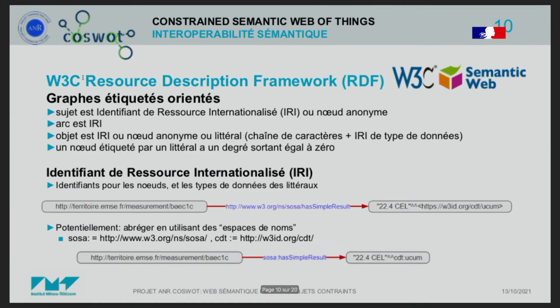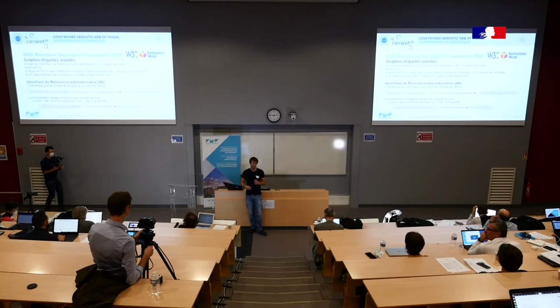In the W3C, we use a standard called the Resource Description Framework, or RDF, where the data model that we use is oriented labeled graphs. We use IRIs as identifiers for the nodes and for the arcs. In a nutshell, that's it. And sometimes the end of the arc is not an IRI, but a literal.